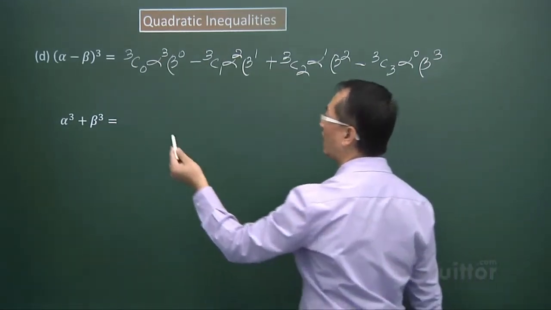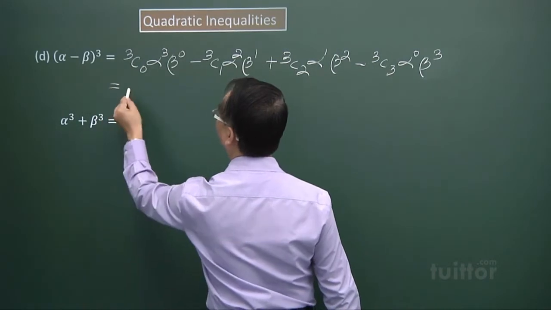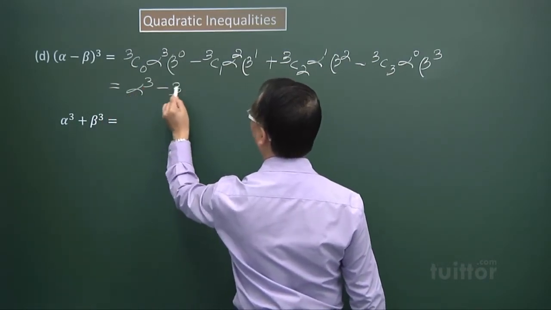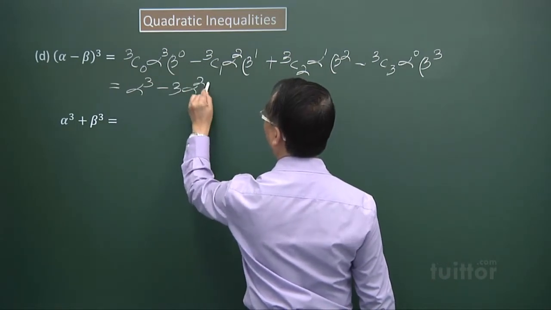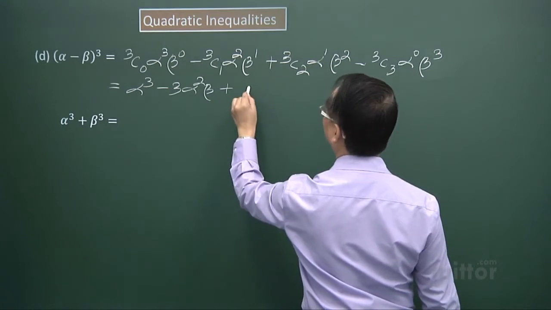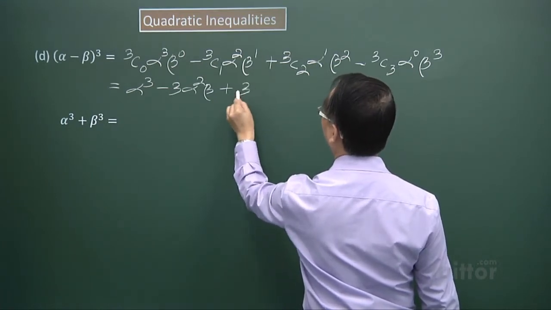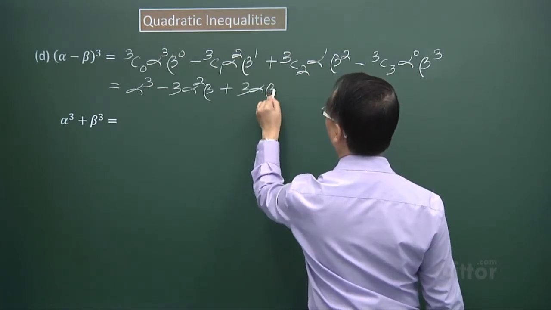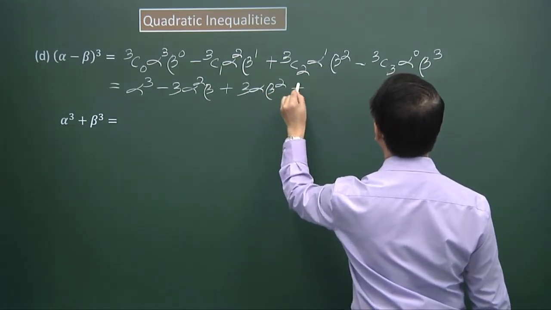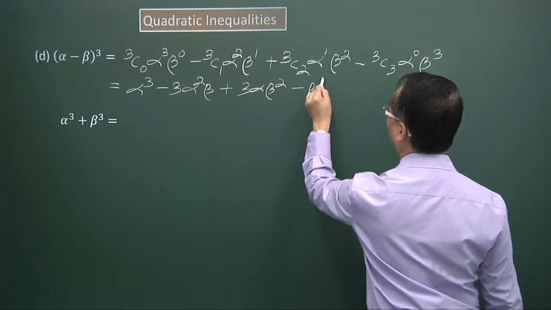So to simplify that, I will have alpha cube minus 3 alpha squared times beta plus 3 times alpha beta squared, then minus beta cube.